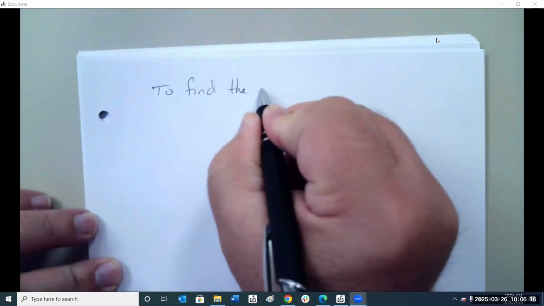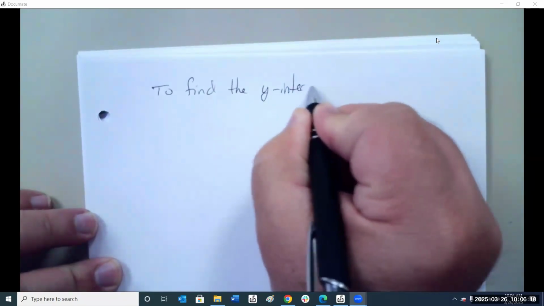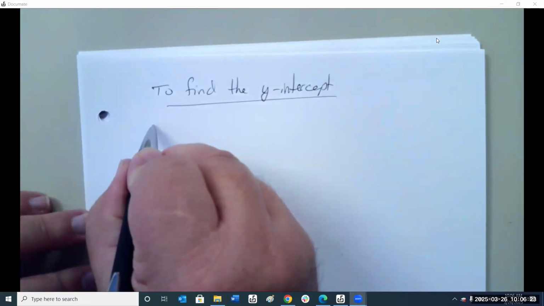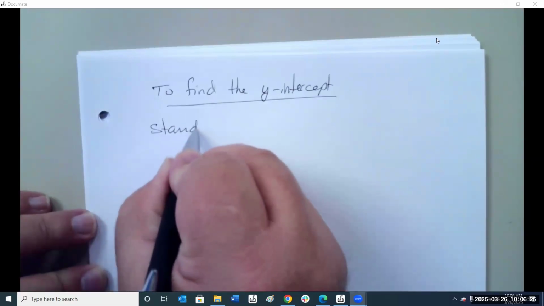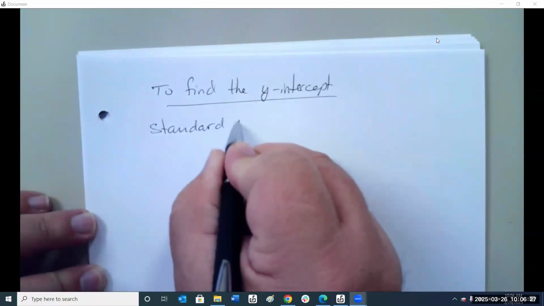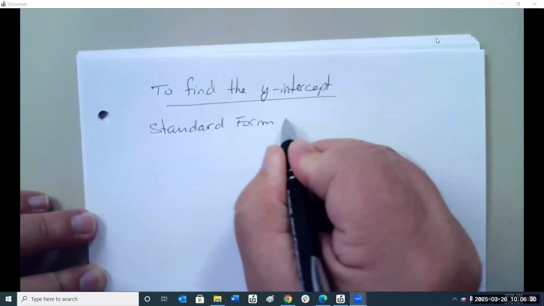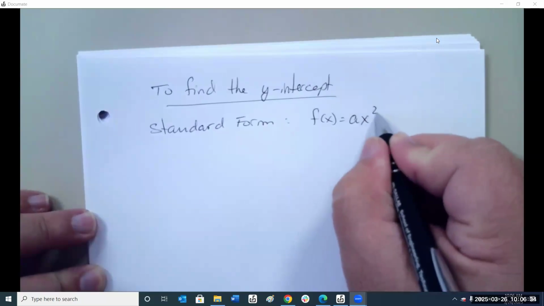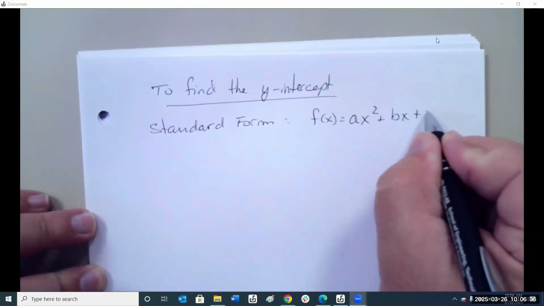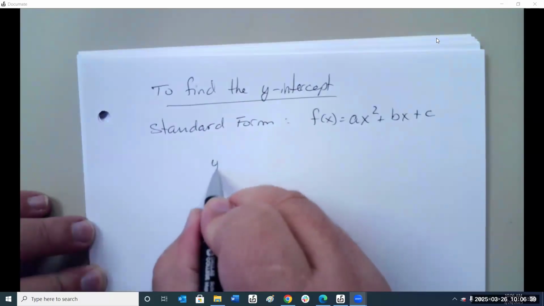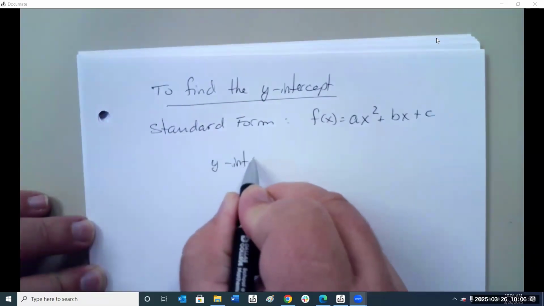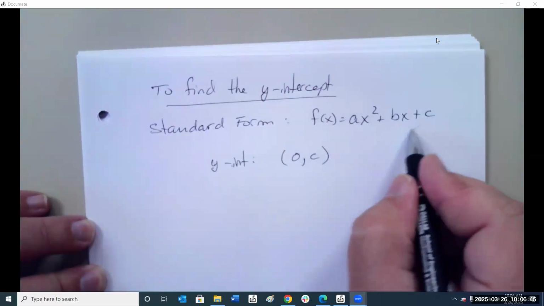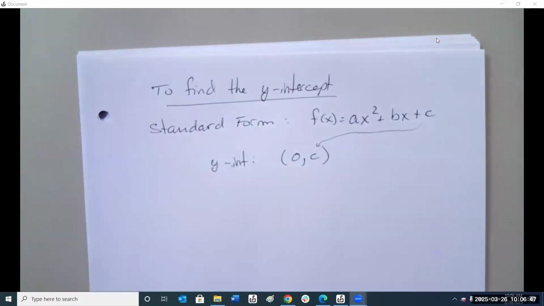To find the y-intercept in standard form, the y-intercept is at the location 0, comma C. It's whatever the constant is.